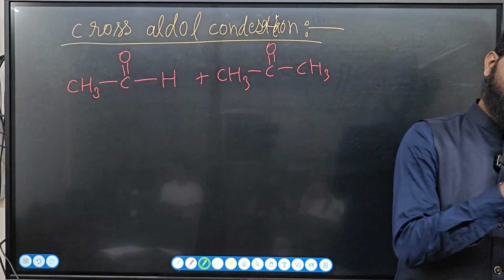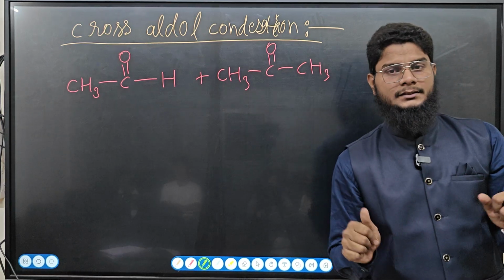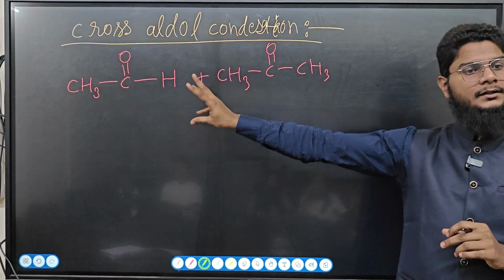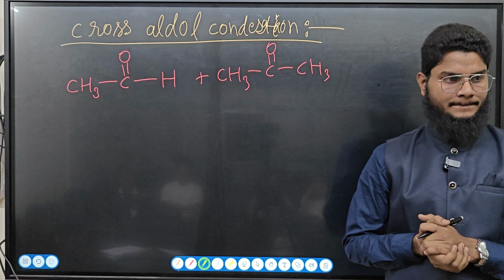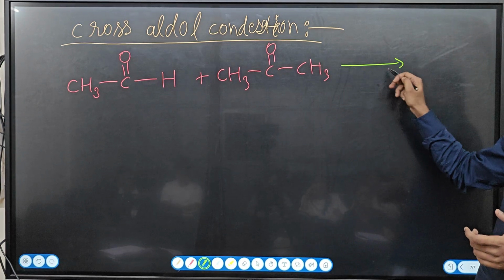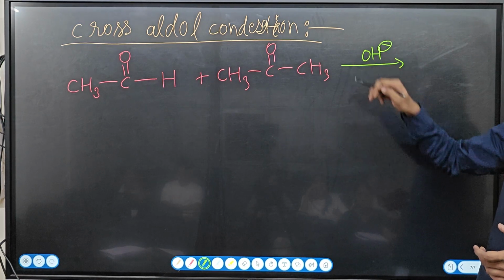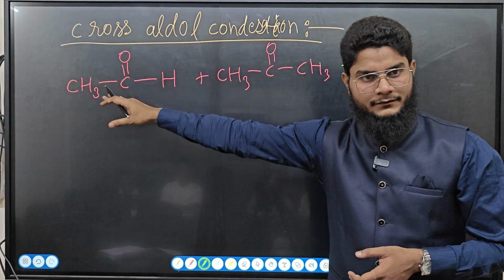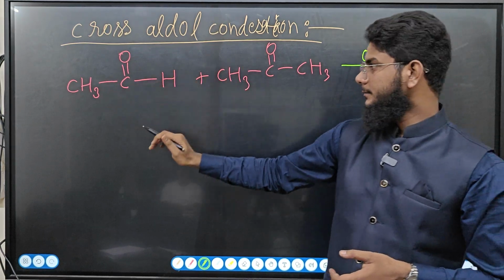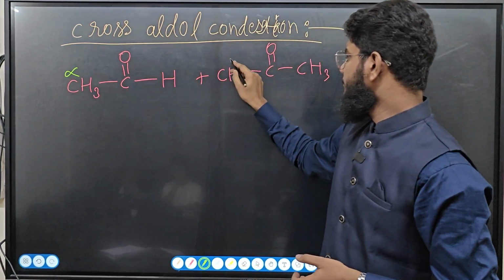The mechanism part is the same as it is, but here the main thing is how many products can be formed. Because this molecule has alpha hydrogen, both have alpha hydrogen. This is your alpha, this is also alpha.